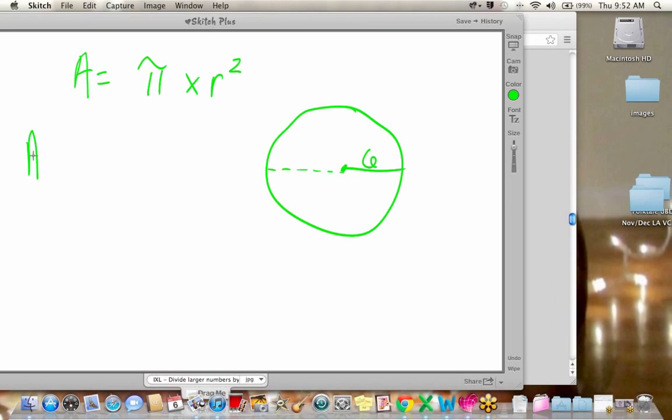So let's plug it in. They said 3.14 is pi times, what is 6 squared? Or 6 to the second power means 6 times 6. So what is 6 times 6? Go ahead and type 6 times 6 into the chat.